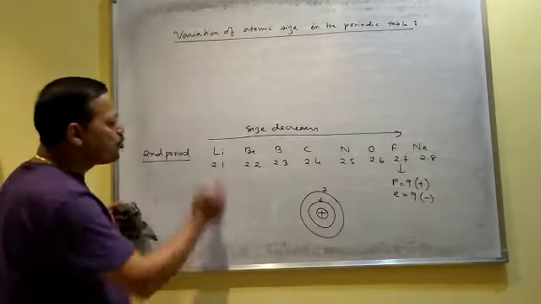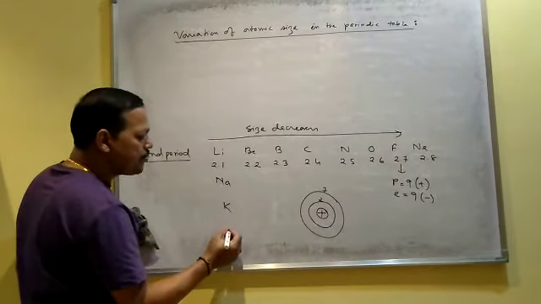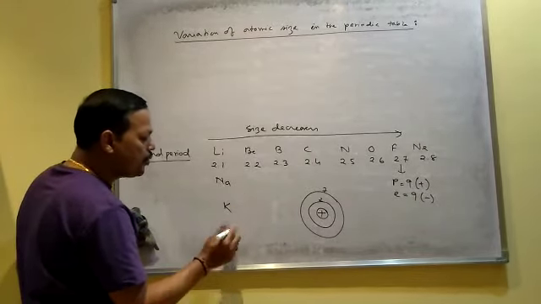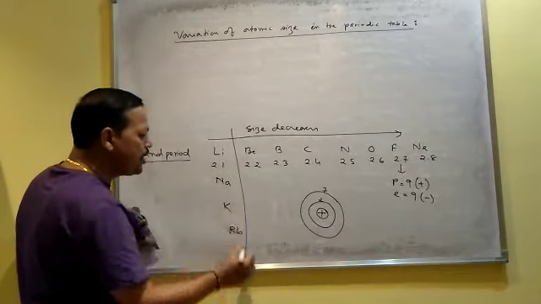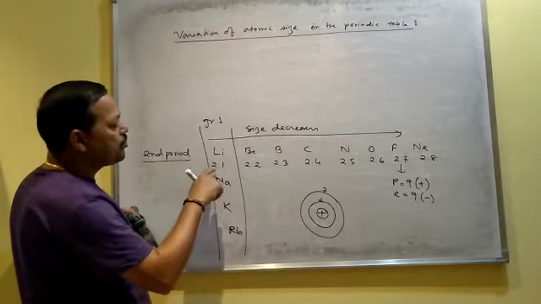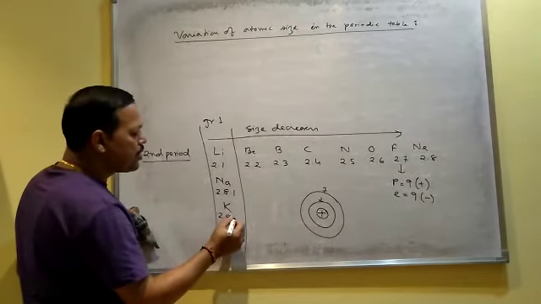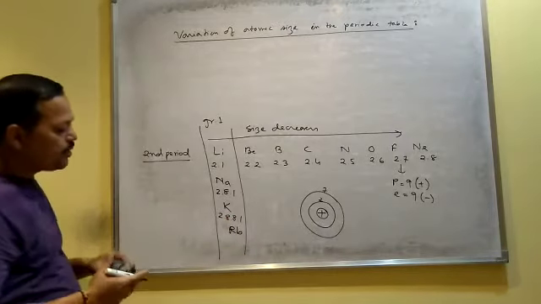When you consider a group, lithium, after that you will get sodium, then potassium, then rubidium. Like this, in group 1 you will get these elements. Lithium configuration 2 1, sodium configuration 2 8 1, potassium configuration 2 8 8 1.